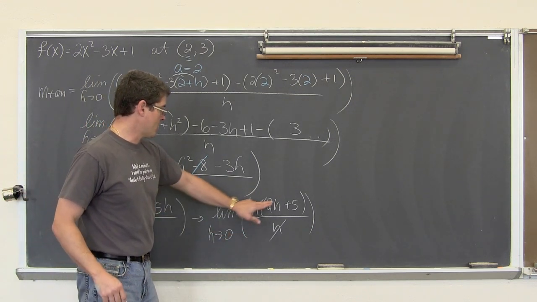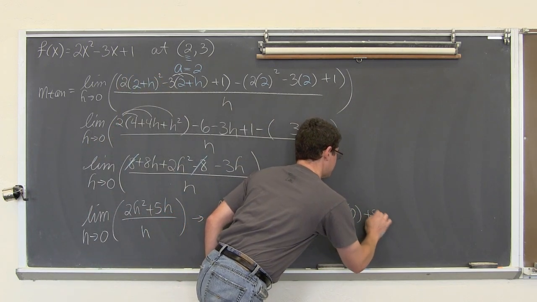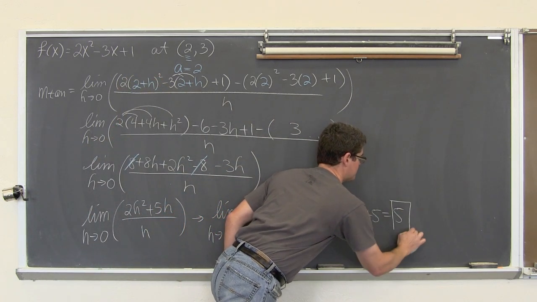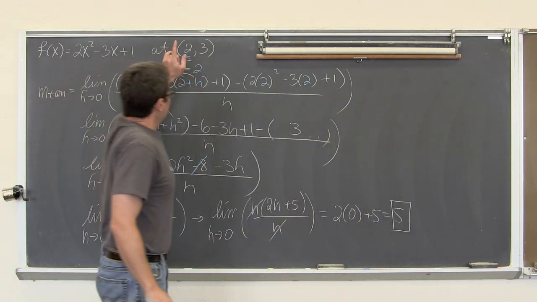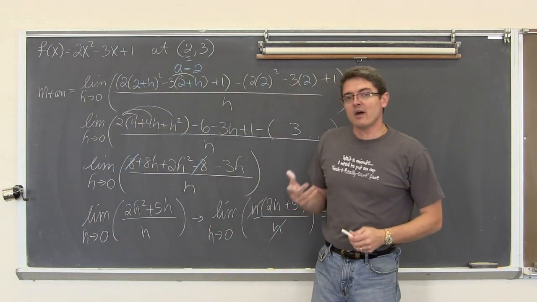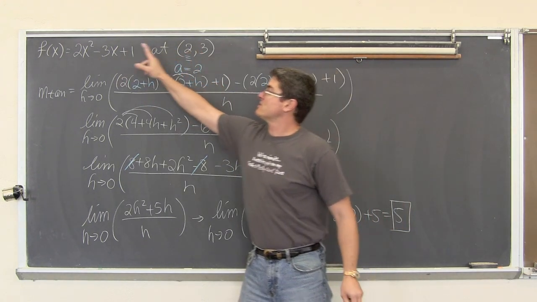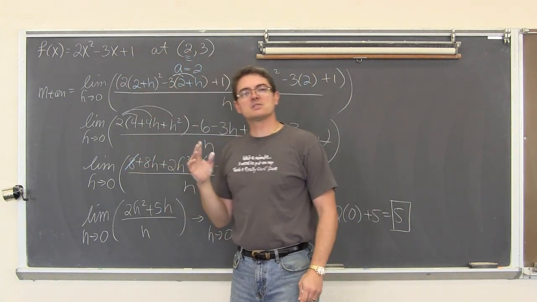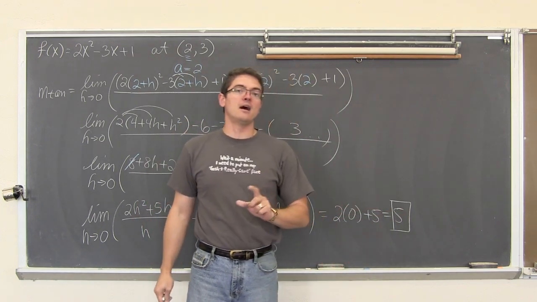So I'm going to go ahead and take 0, plug it in, and I get 2 times 0 plus 5 equals 5. So if we were to graph this parabola, and not that you can see what the slope is anyway on a graph, but if you were to graph this parabola at the point 2, 3, which is on that parabola, the slope of the tangent line is going to have a slope of 5.